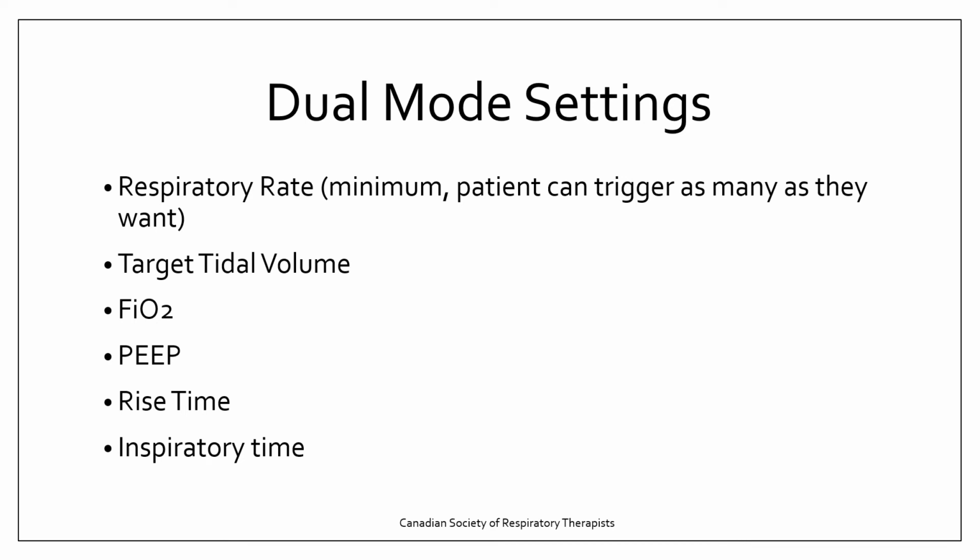We're going to have a target tidal volume set, an FiO2 set, a PEEP set, a rise time, and then an inspiratory time that's set. The goal here is to set a decent expiratory time, like I mentioned at the beginning of this lecture, so that we have enough time for exhalation based on our total cycle time and respiratory rate, to maintain a nice 1 to 3, 1 to 4 IE ratio if possible.